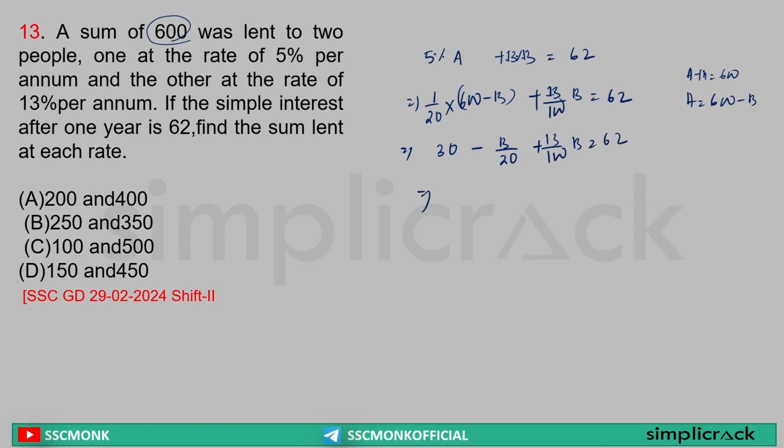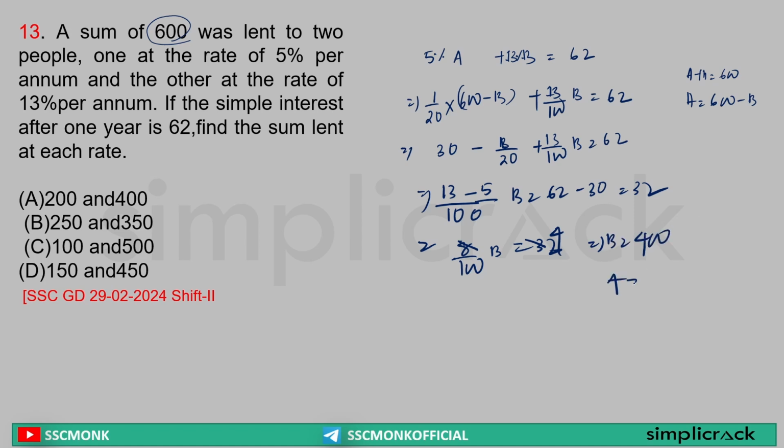Or I can write, sir, only B times 13 by 100 minus 5 by 100. So it will be 8 by 100 into B is equal to 62 minus 30, which is equal to 32. 8 4s are 32. So B value is equal to 400.